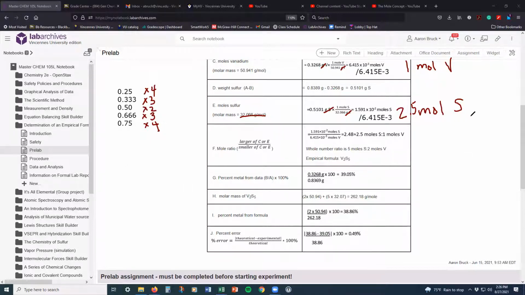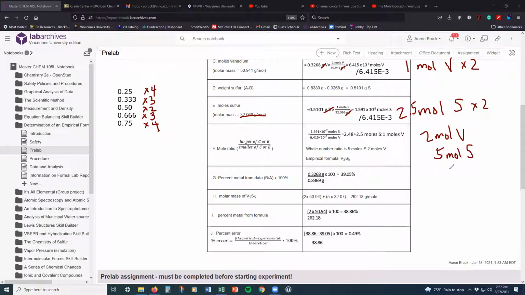So in this case, we have a half. So we know we need to multiply it by 2 to get rid of the half. Anything that we do to the one, we have to do to the other as well. So we went from 1 vanadium and 2.5 sulfurs to 2 moles of vanadium and 5 moles of sulfur.